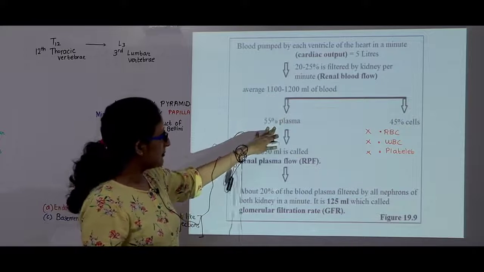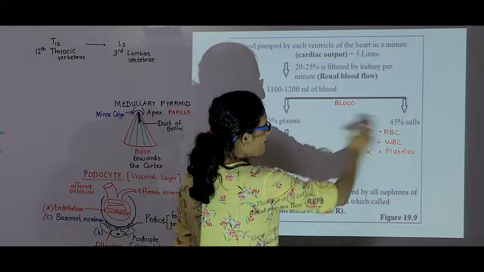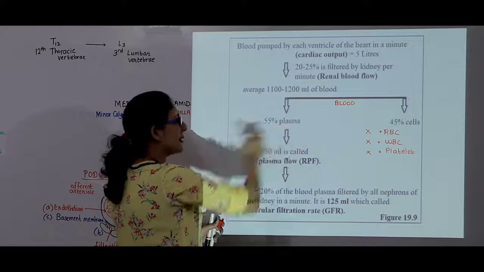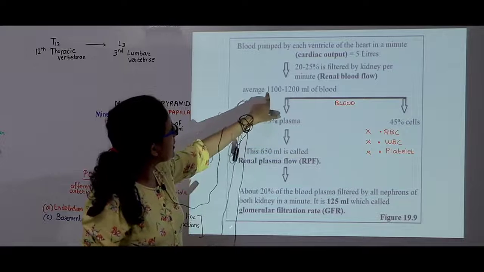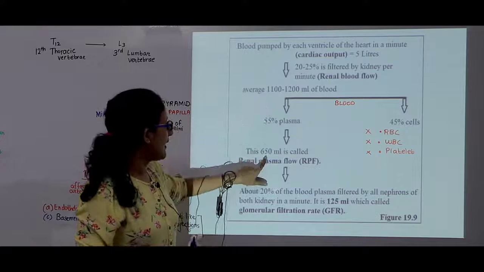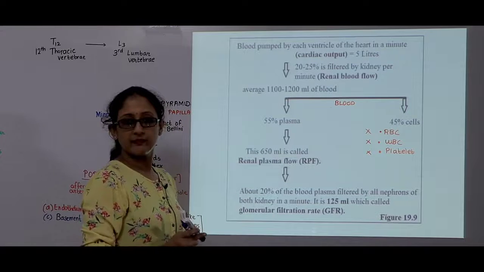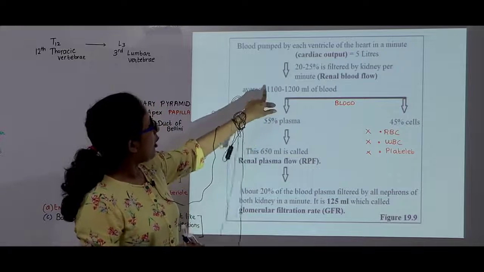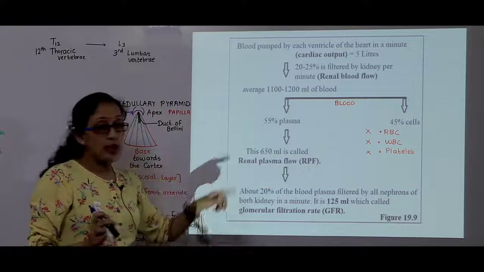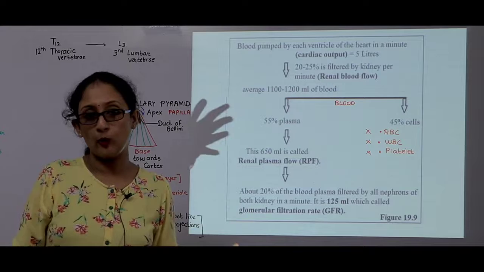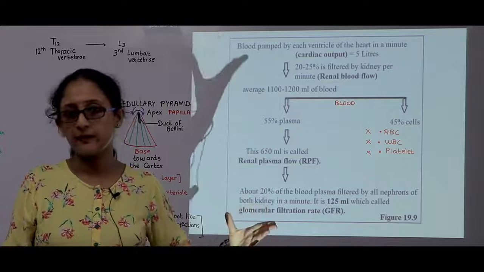Of the total blood, 45% are cells and 55% is plasma. That means, what is 55% of this amount of blood? They have taken an average of this value, it is 650 ml. So, 55% of this blood which enters the kidney is 650 ml, which we call the renal plasma flow. So, once again, 5 liters of blood come out of the heart per minute.